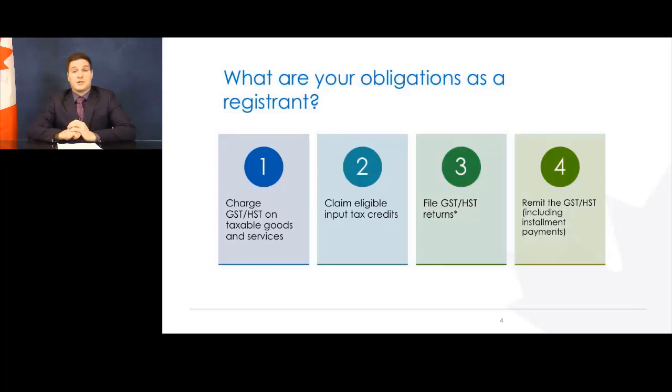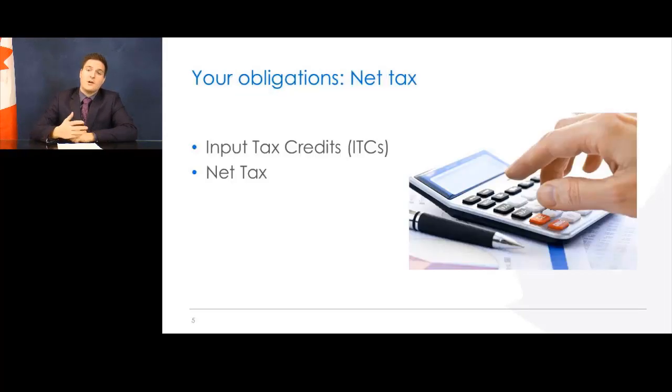As a GST HST registrant, you may also claim a tax credit, which brings us to the discussion about net tax. We've established that you collect GST HST from your clients. At the same time, you likely also pay GST HST for the purchases you make for your business. As a GST HST registrant, you can recover some of that GST HST by claiming an input tax credit, which we call an ITC for short.